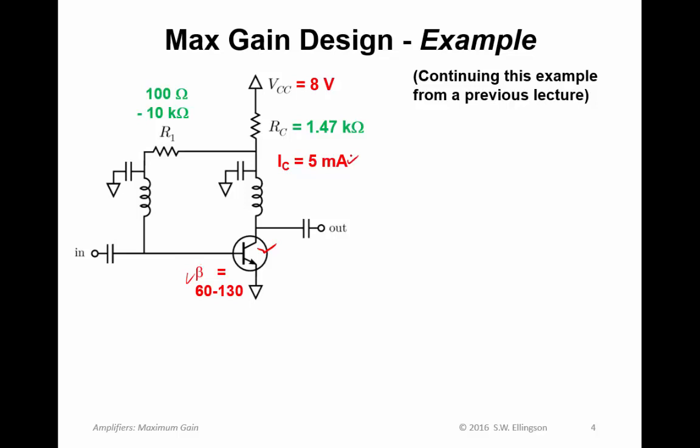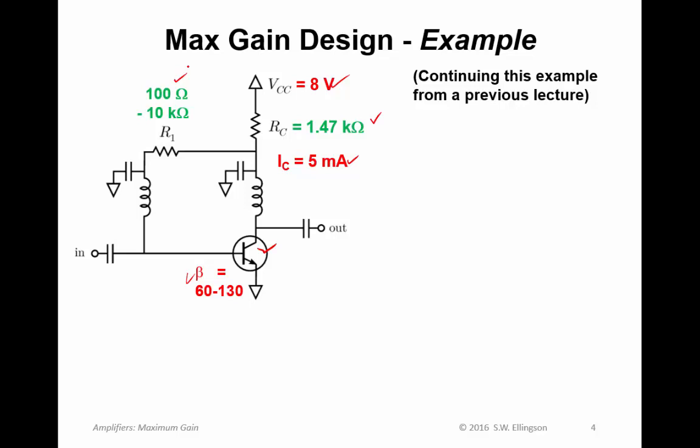We selected a bias point of 5 milliamps and a supply voltage of 8 volts. And we designed a self-bias arrangement, finding that the collector resistor should be 1.47 kiloohms, and that the base bias resistor should be somewhere between 100 ohms and 10 kiloohms, depending on the trade-off between insensitivity to beta and power consumption.